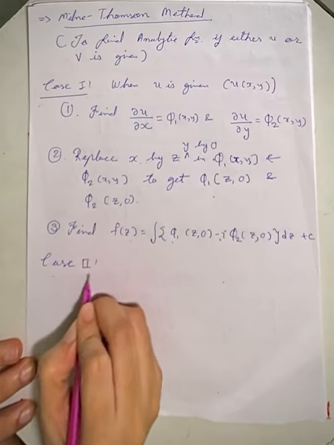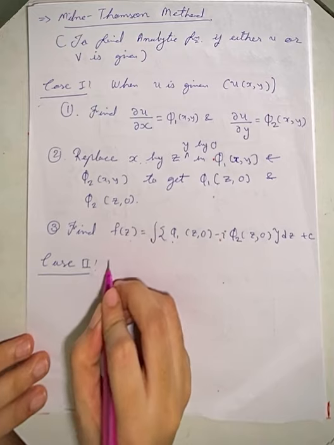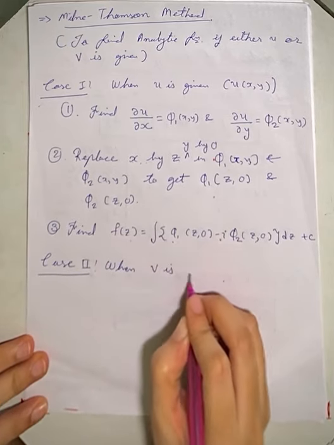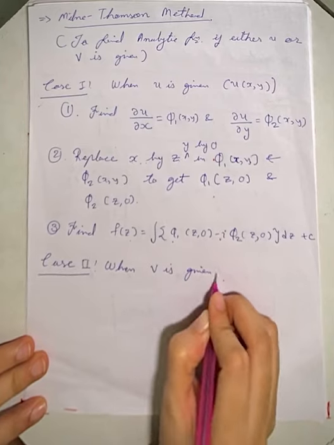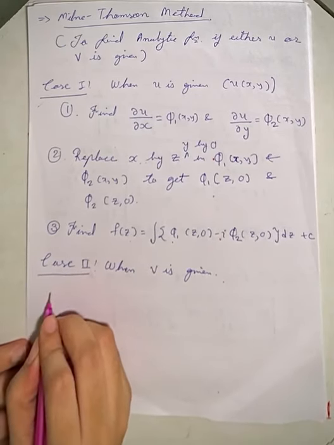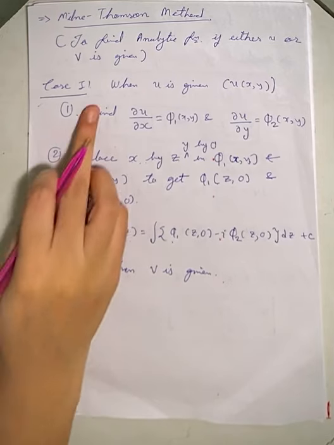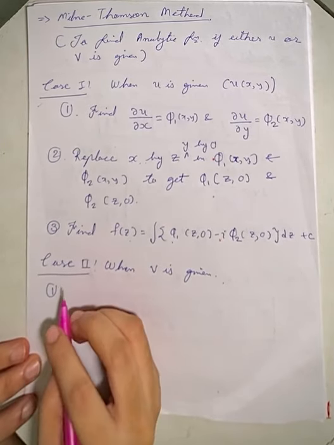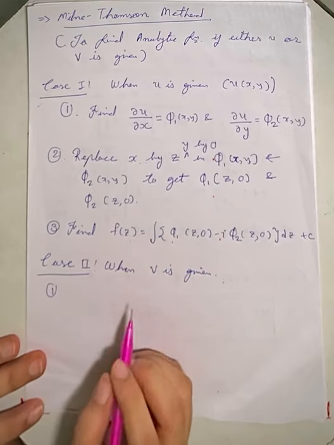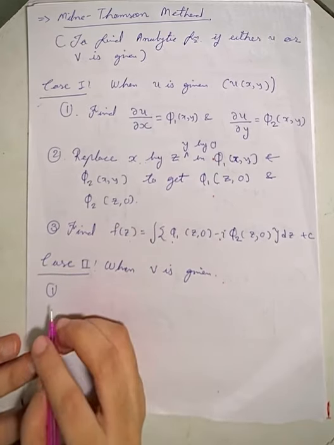In the second case, when v is given and you are asked to find the analytic function, what will you do? We will follow a similar process, just the symbols are different to distinguish between u and v.